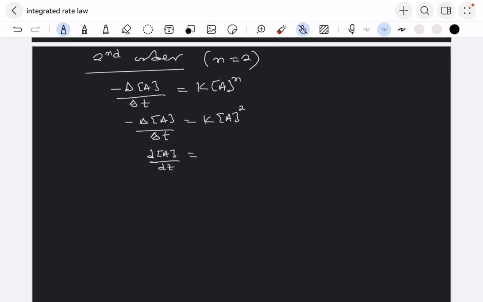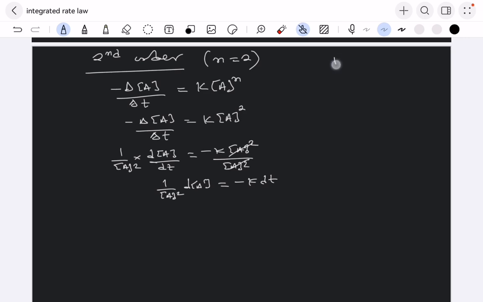I take the negative to the other side, so negative k A squared. So divide A squared throughout, then cross multiply, so this becomes 1 over A squared, dA equals negative k dt.